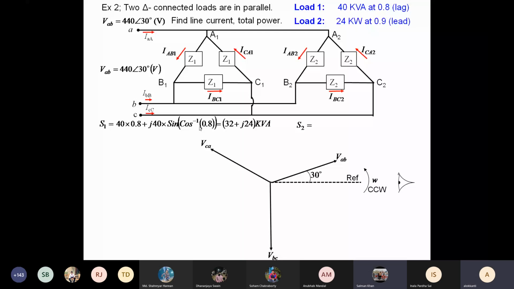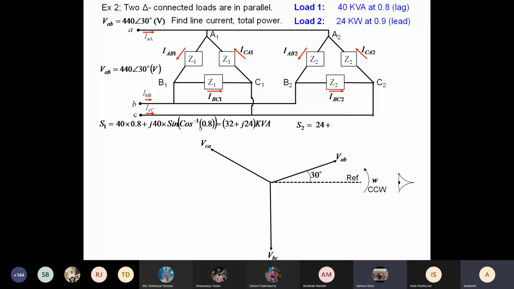Because this is the second load, but it is given in the form of P and the power factor. So P is directly given, 24. P equal to S cos theta, so it is basically 24 by 0.9.